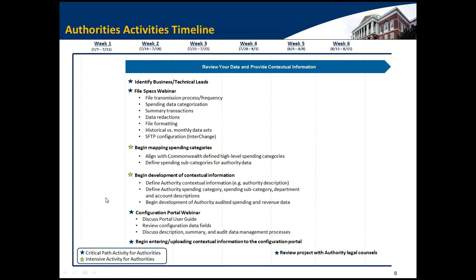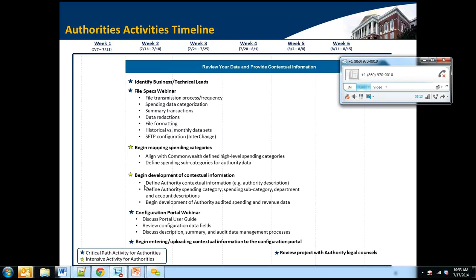So on the ANF and project management end of the onboarding, what we're considering is maybe a way that we can help the authorities in Wave 3 do their contextual information in a delayed process, as a way to give you more room up front to start thinking through the categorization and the payments data, because we feel that a lot of the contextual information would likely be static and existing for you, and especially with the use of the templates that we have, it could be accelerated. We just want to point that out today.